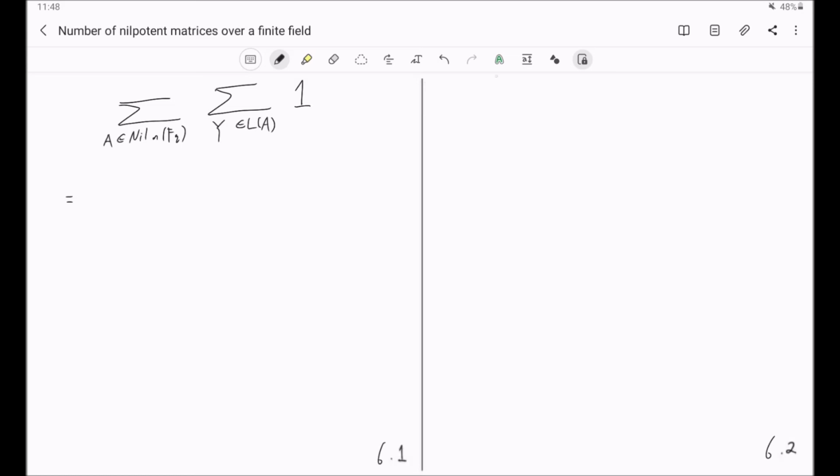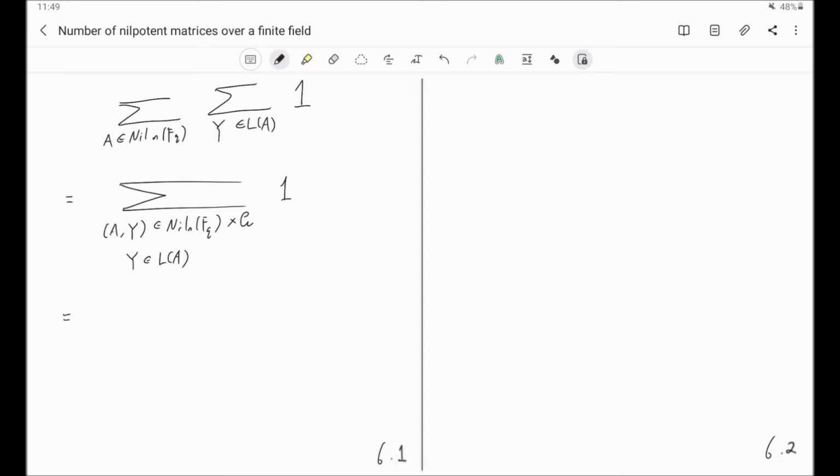If you combine A and Y as a pair in the Cartesian product, so if you look at the pair A, Y in the Cartesian product of nilpotent matrices over F_q and script A, where Y is in alpha, and you sum up those ones, namely you count how many pairs are there satisfying those relations.